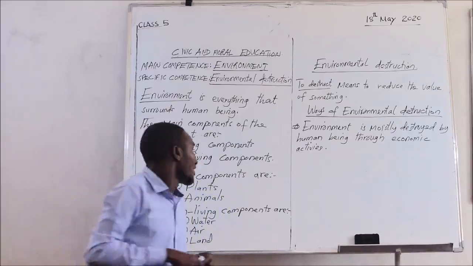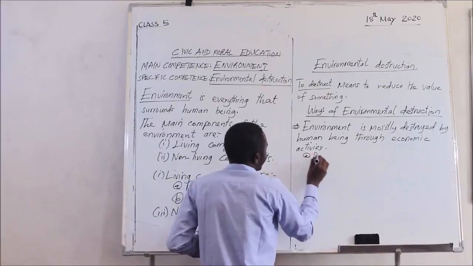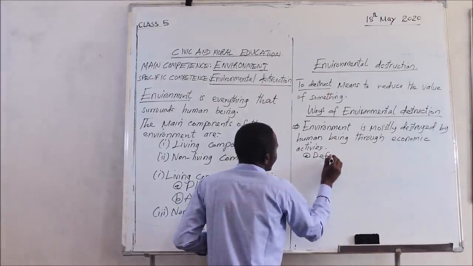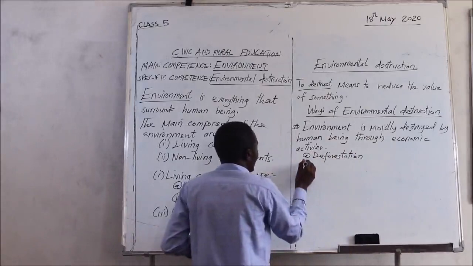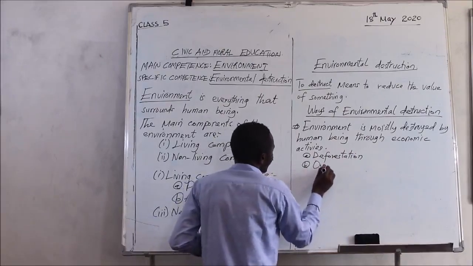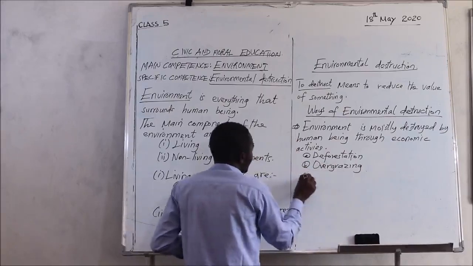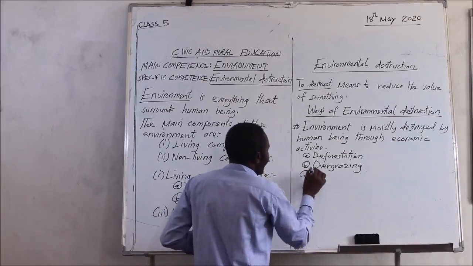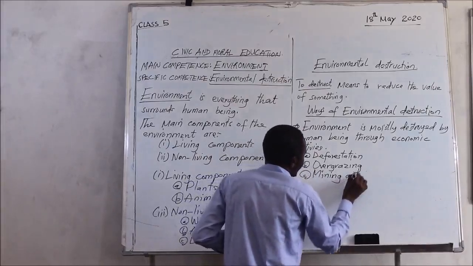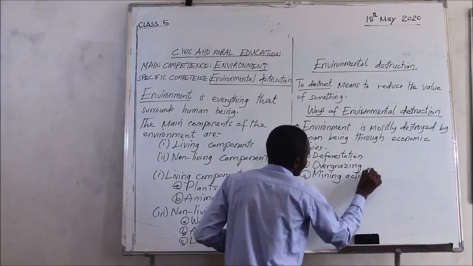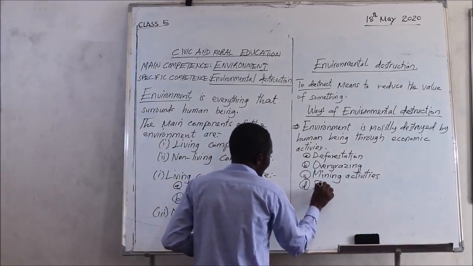First of all, it's deforestation. Also overgrazing. We have also mining activities. Also, it is industrial activities.